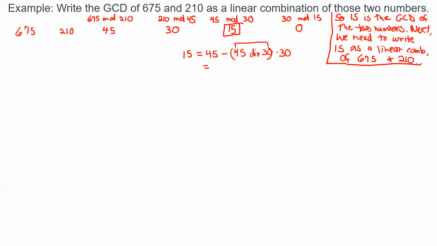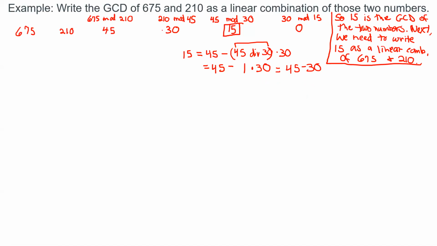So 45 div 30 is not 15, but it's 1, right? Because div means how many times does 30 go into 45. Okay, I've lost my ability to write. Let's see, I guess I'm back. So anyway, it's going to be 45 minus, and this whole thing is just a 1 times 30. And so really that can be written as 45 minus 30. Again, keep it written like that.